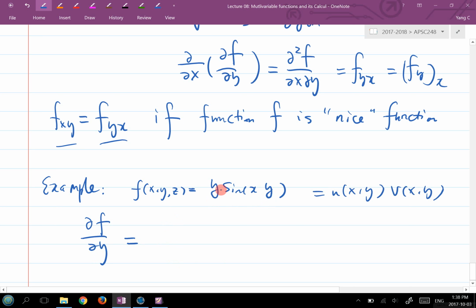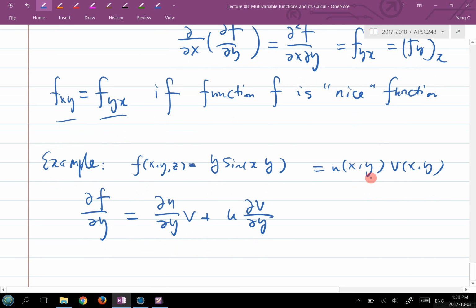The derivative of the first part, u, is like this: partial u over partial y times v plus u times partial v over partial y. Except that u is actually just a function of y.